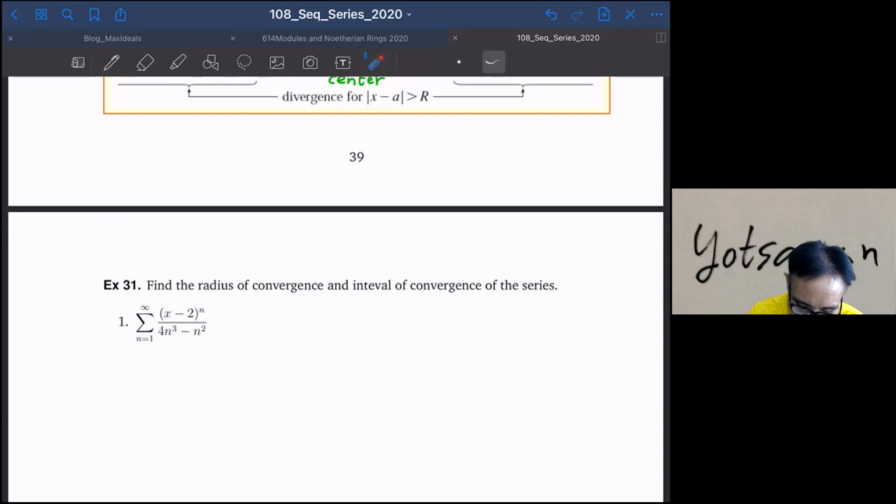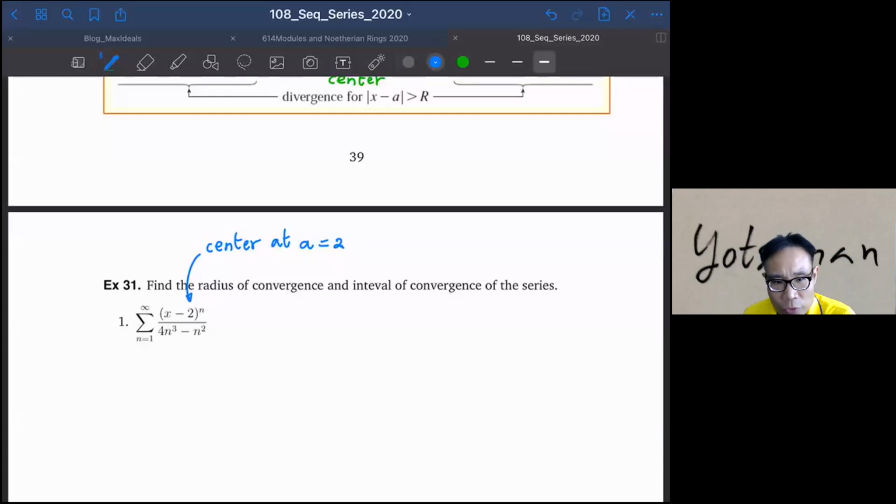So for this one, you're first going to identify the center. You see that here you have the center at a equal to 2.